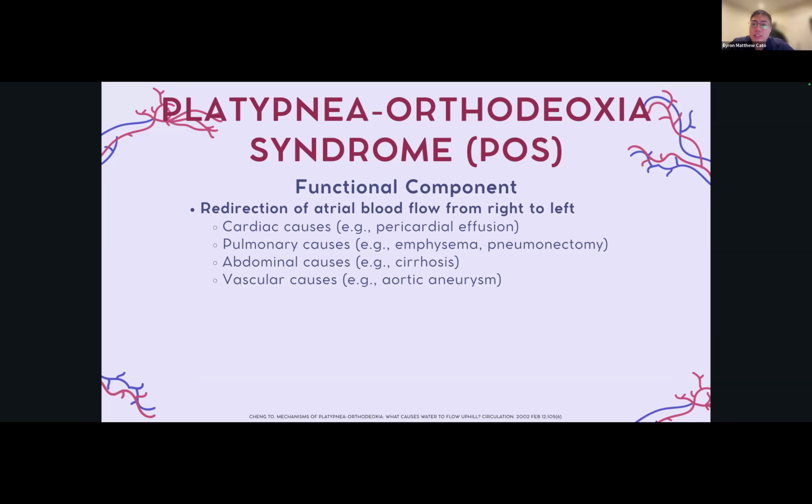And what all these have in common is that they can distort the position or the angle of the atrial septum so that when the patient is upright, where we would expect them to actually feel better, it puts them at a disadvantaged position where blood is actually redirected through the anatomic component, which in this case is the PFO, that allows for the blood to flow from the right to the left.